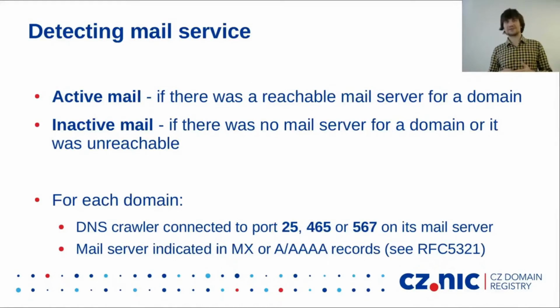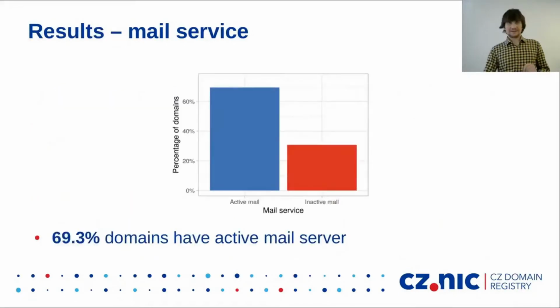Basically, DNS crawler checked 3 popular ports: 25, 465, and 567. And if it was able to connect to one of these ports on the mail server configured for a domain name, then we marked a domain name as having active mail. And it turned out that around 70% of domains have an active mail server.